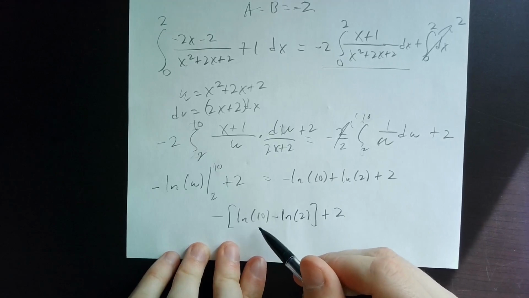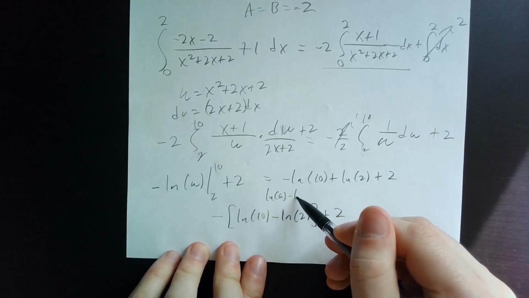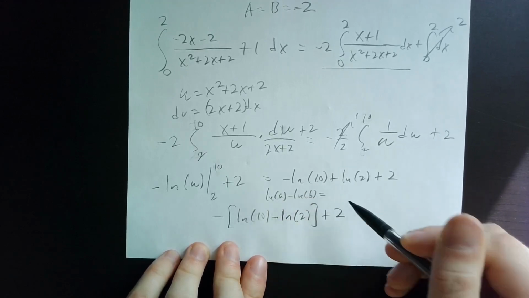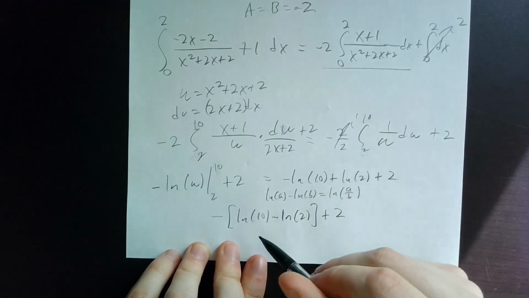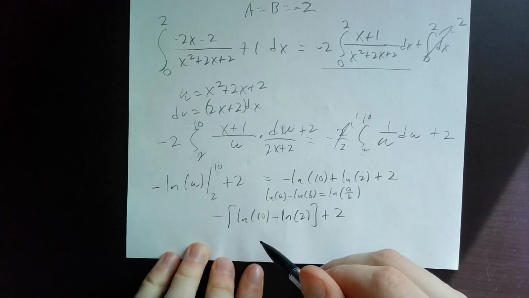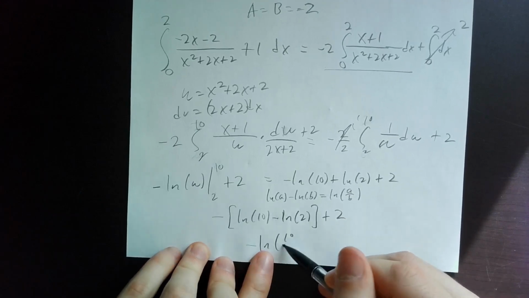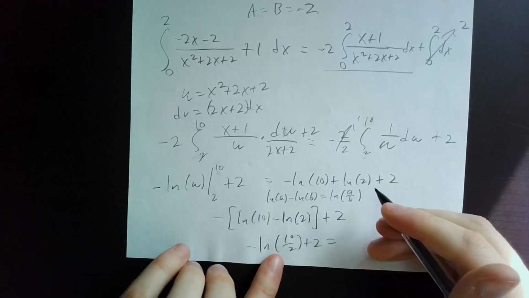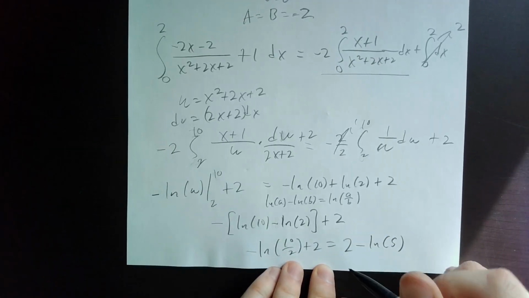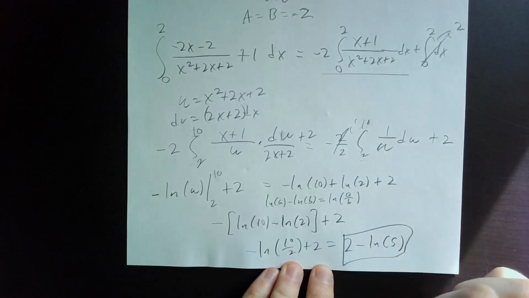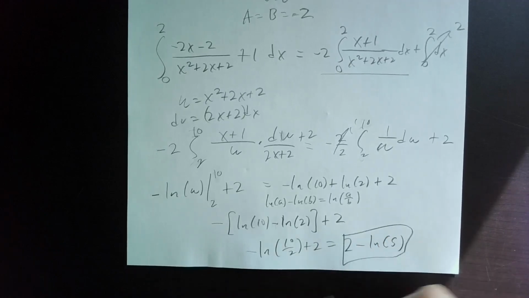We know that the natural log of a minus the natural log of b is equal to the natural log of a over b. So this is equal to negative natural log of 10 over 2, which is equal to the natural log of 5. And that is an answer choice. That would be answer choice C.